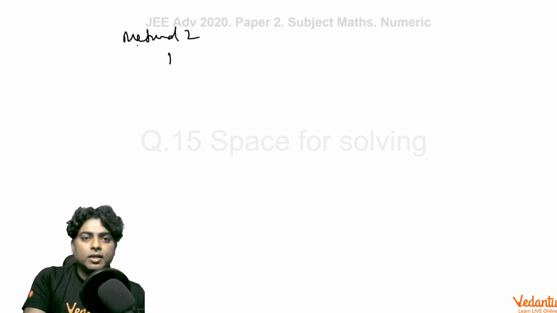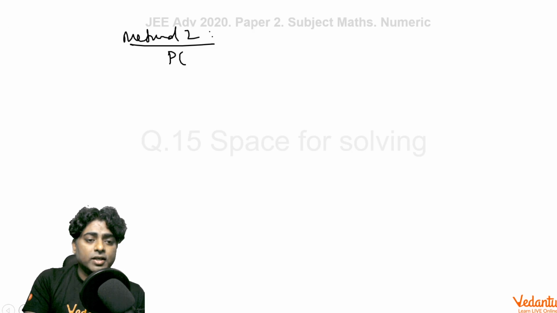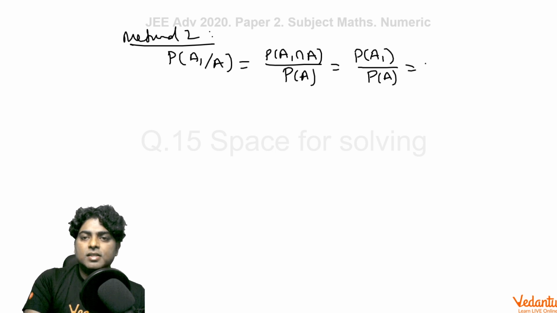You can write probability of, I had also defined on the first page A and A1. A1 was getting an odd perfect square, A was getting a perfect square. The process is ended at a perfect square, that is to be sure. So we need to find A1 given A, and that is A1 intersection A divided by A, using the usual formula of conditional probability, P(A1) upon P(A), that is n(A1) upon n(A).